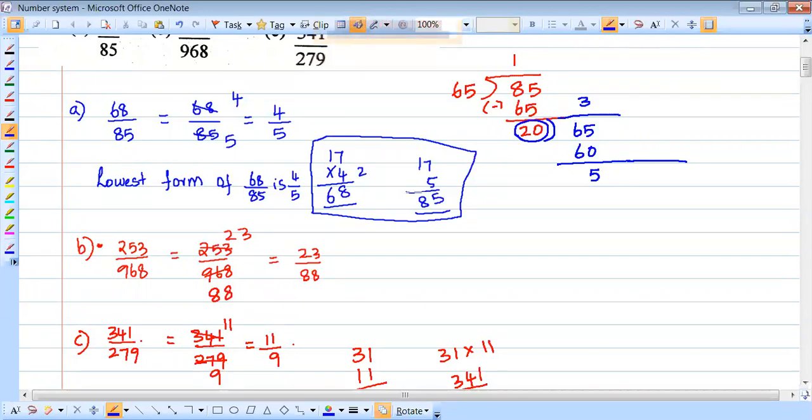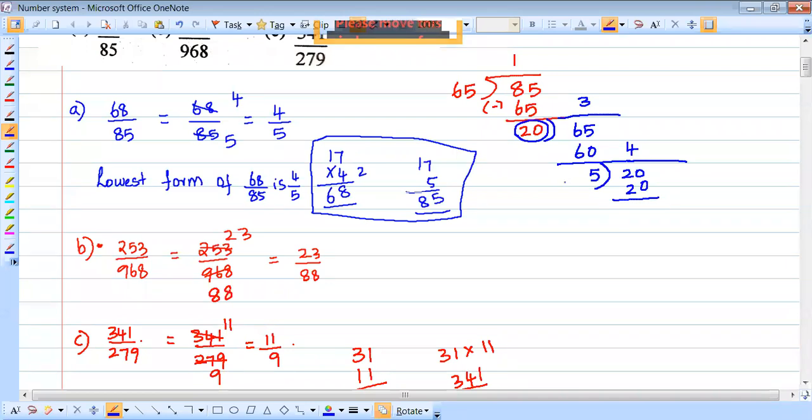Now what we have to do here is once again take this one as the part over here. Now 4 5s are what? 20.